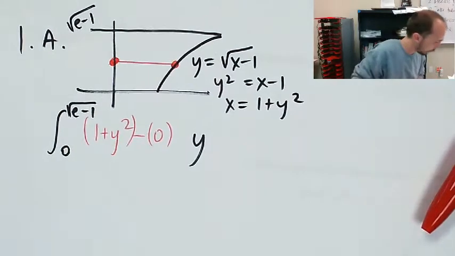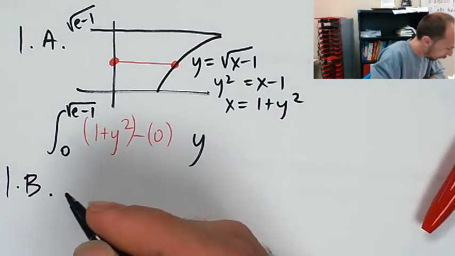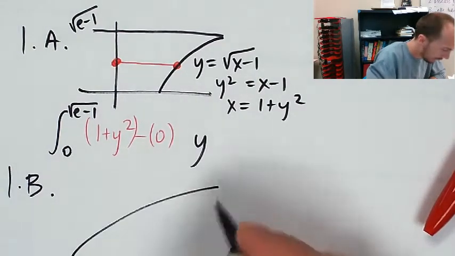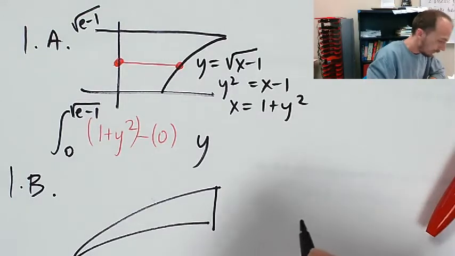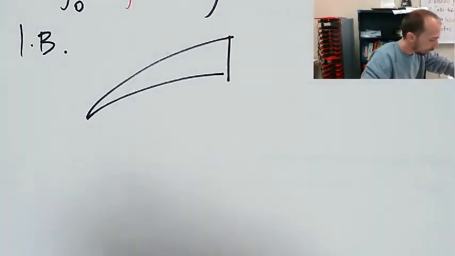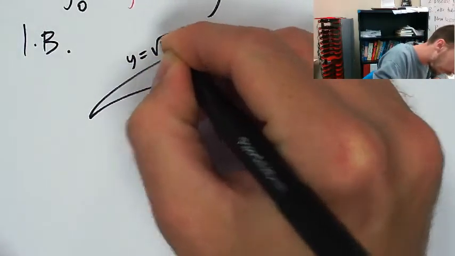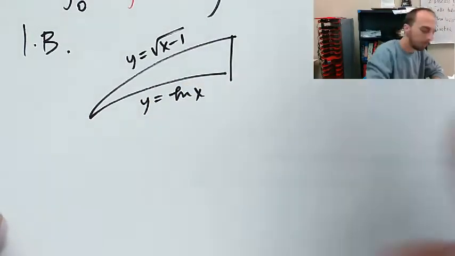For b, this is something I'm going to want to do top minus bottom on, right? It's always got the same top and same bottom. So this is y equals the square root of x minus 1, and this is y equals log of x.